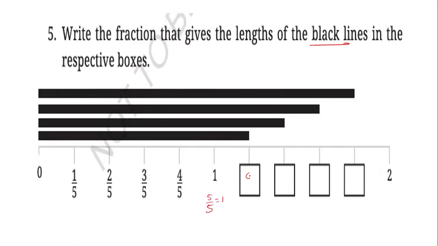This is 6 by 5, 7 by 5, 8 by 5, 9 by 5, 10 by 5 is equal to 2. 5 ones are 5, 5 twos are 10. This is 6 by 5, 7 by 5, 8 by 5, 9 by 5. Alright.